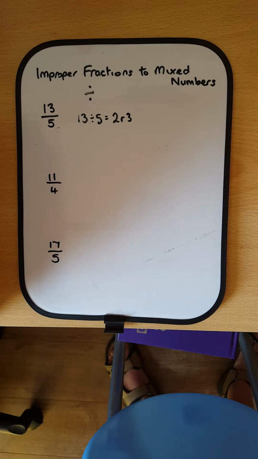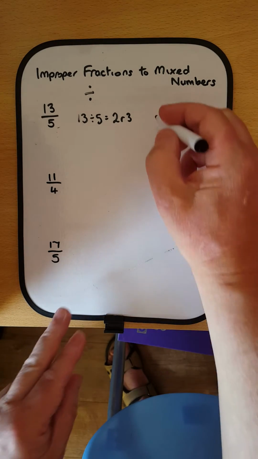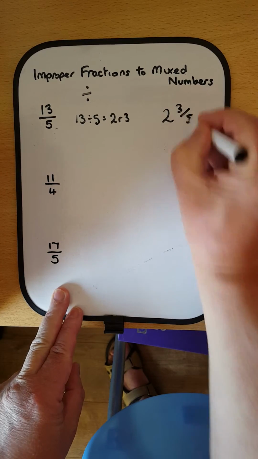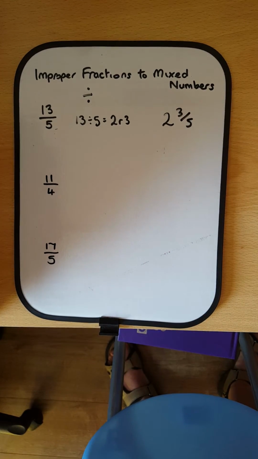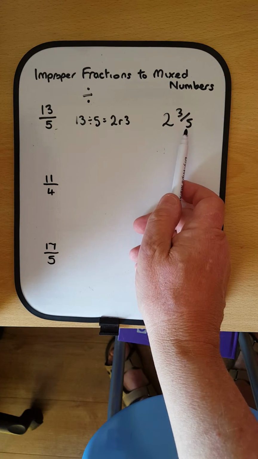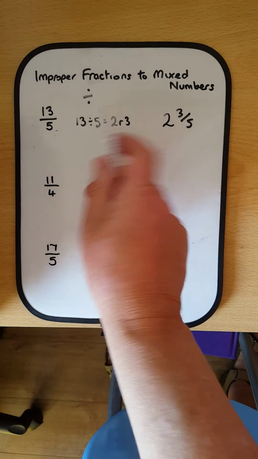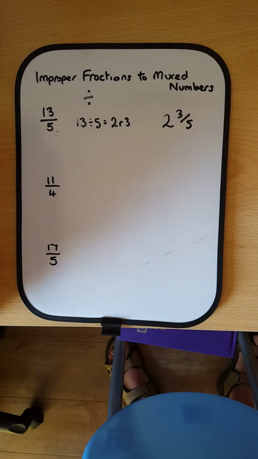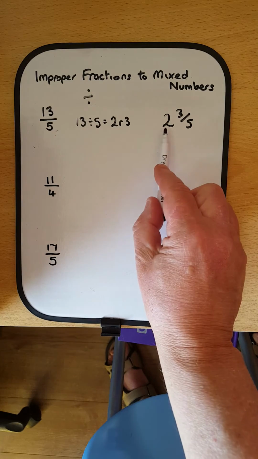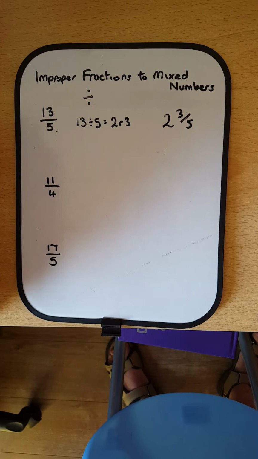That's how many 5s there are in 13. And remarkably, the answer is going to be 2 3/5. We're keeping the same bottom number, because we always do that when we move either direction with improper fractions and mixed numbers. And we've just done 2 remainder 3.